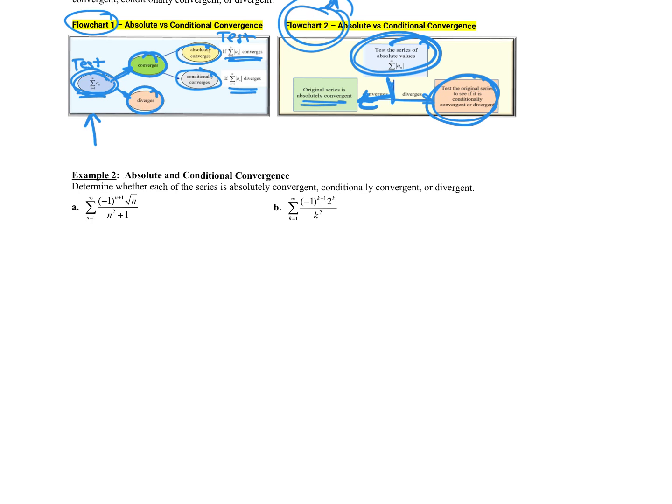So we'll start by testing the absolute value. And that will make the -1 part go away. Everything else will be positive. And this guy almost looks like a p-series, but we need to simplify these two to see truly what p-series it will behave like.